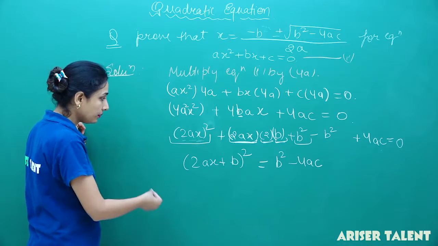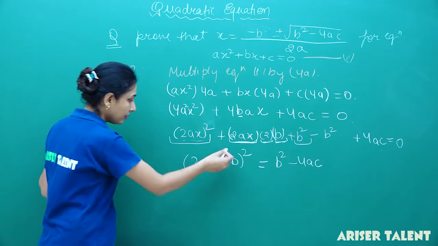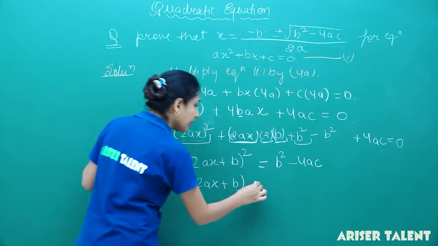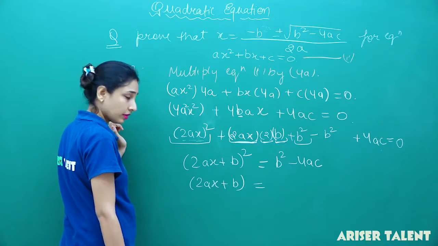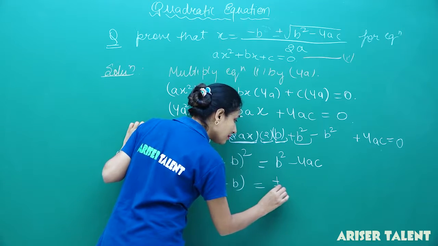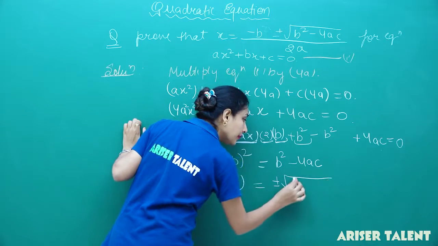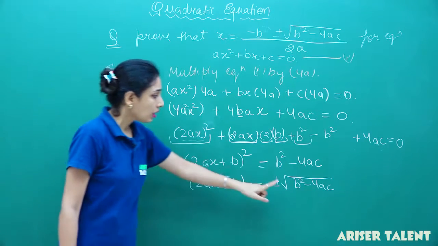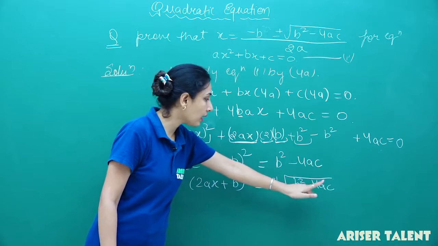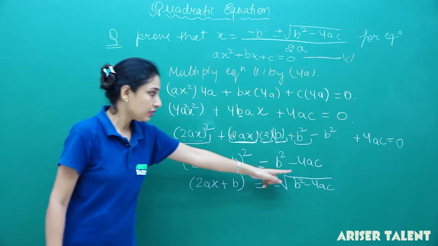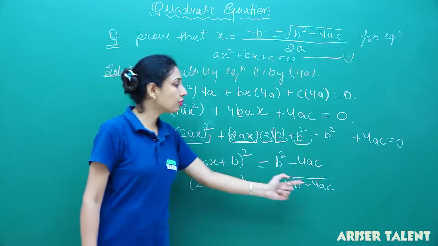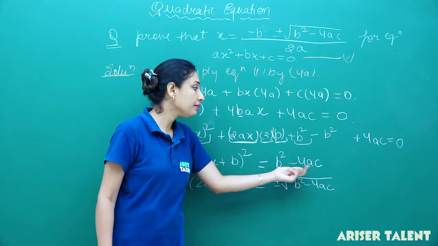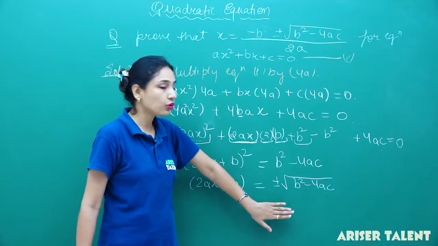So now when I calculate, this will become 2ax plus b equals to plus minus root of b square minus 4ac, because the square of root b square minus 4ac is b square minus 4ac. And the square of minus root b square minus 4ac is again b square minus 4ac. So I have to take both values.